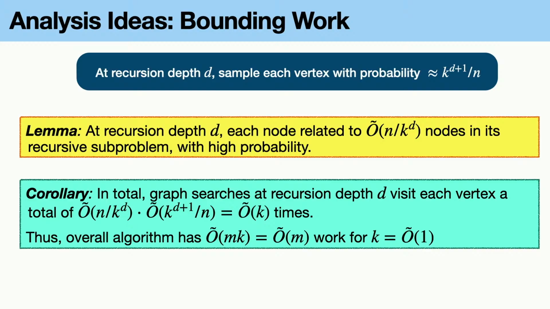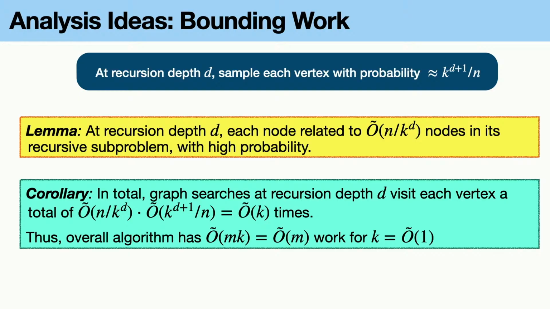So once you have this, what's the total cost of the graph searches you're doing at depth d? Well, each vertex is visited by, let's see. So this is the number of vertices that are related to it. This is the probability that one of those related vertices is chosen as pivot.